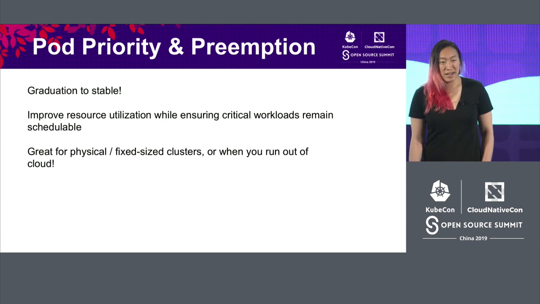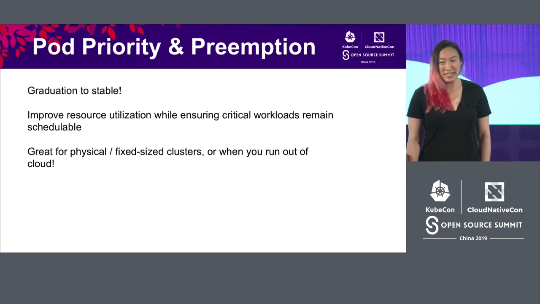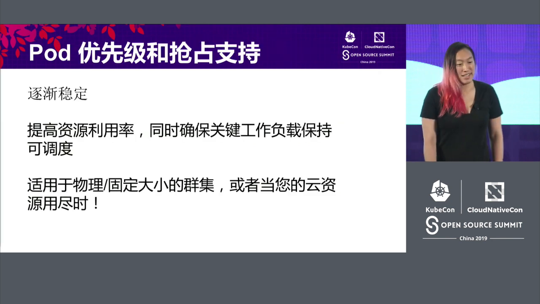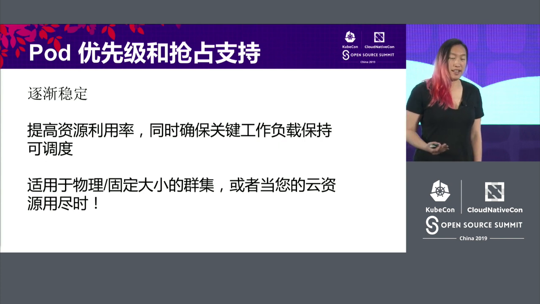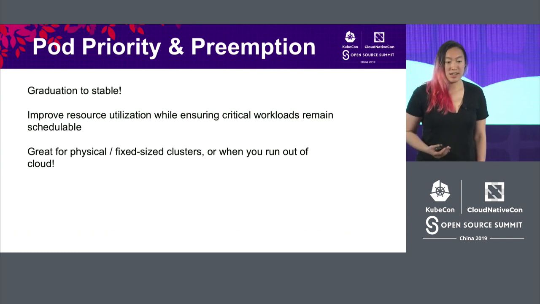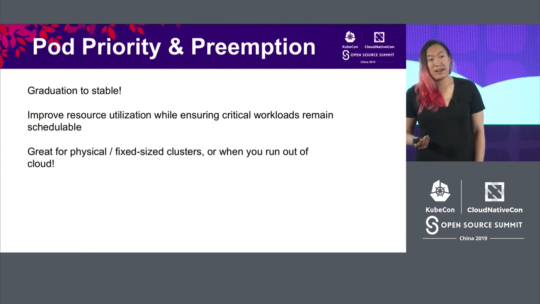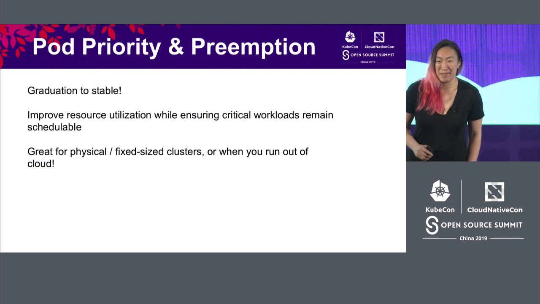Pod priority and preemption. This is one that I'm personally super excited about because I've been using it since it came out in alpha. So this is a way for you to improve your cluster's resource utilization while ensuring that your critical workloads remain schedulable. This is a great option if you're running in your own data center, you have some fixed size cluster, or even when you're in the cloud, you might run into a situation where you run out of cloud, which I promise you can happen.